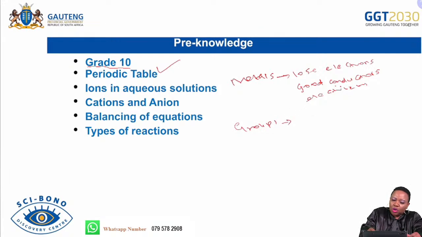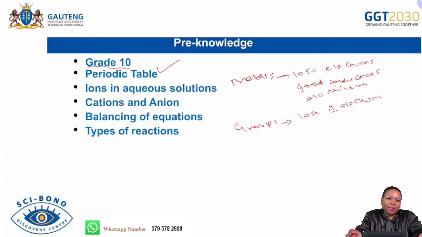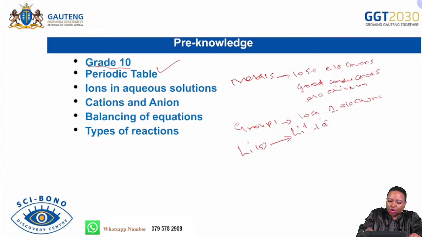Therefore, when they lose 1 electron, what will they become? They will become ions. For example, lithium is one of the elements in group number 1. Therefore, lithium as a neutral atom, when it loses an electron, is going to form a lithium ion plus an electron. So we already know that this is an ion of lithium.